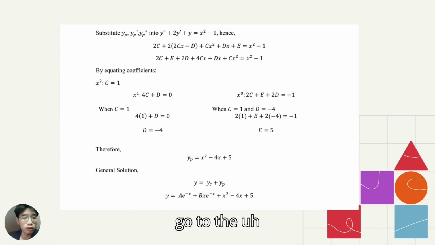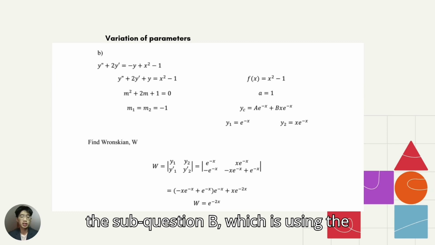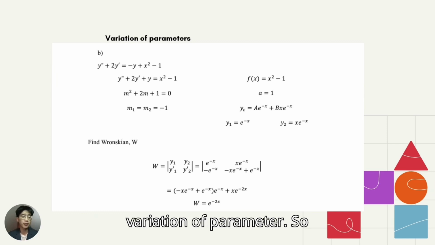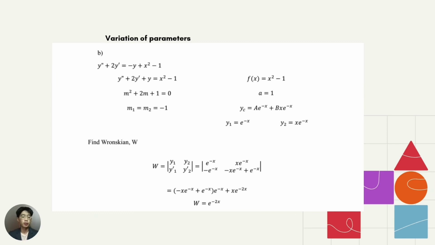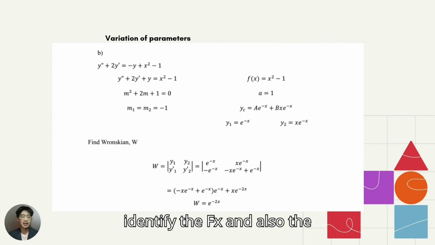Next we'll go to sub-question B, which uses variation of parameters. For variation of parameters, we first need to identify f(x) and a.